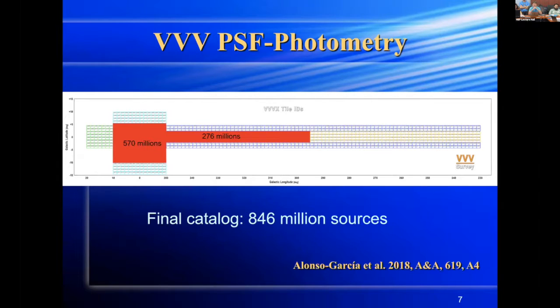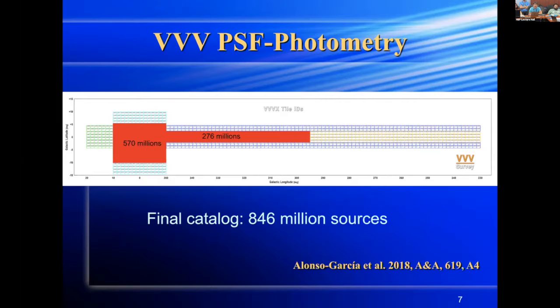So in the end, we were able to get a final catalog of almost 1 billion sources. 2/3 of them were in the region of the bulge, and 1/3 in the region of the disk covered by the VVV footprint.